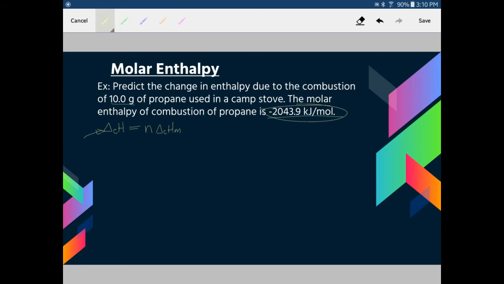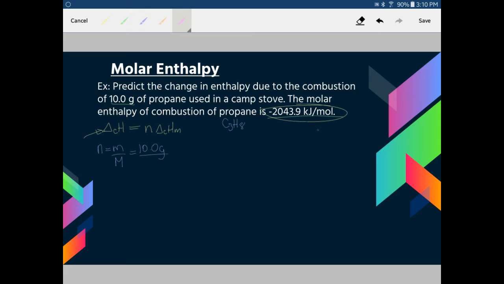Now my first step, like I said, moles is equal to my mass over my molar mass, and my mass is 10 grams. And my molar mass of propane, C3H8. So when I calculate my molar mass, if I need to do a little side calculation, I can do that.